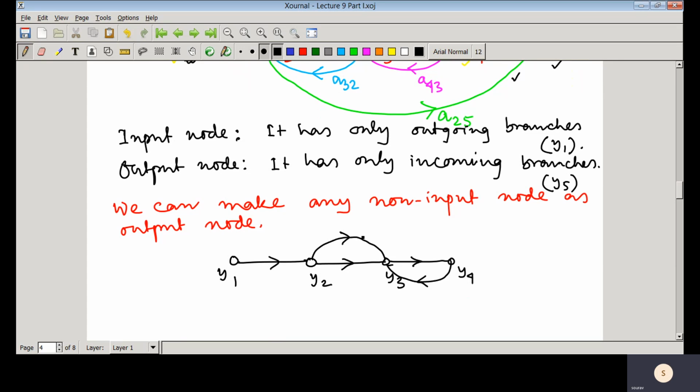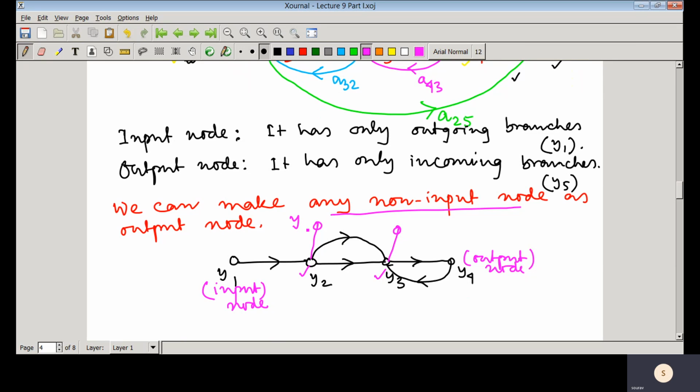So now in this case, this is the input node and this is the output node. Then according to this statement, we can make any non-input nodes. Any non-input nodes means here you have Y2 and Y3. So we can make those nodes as output node.